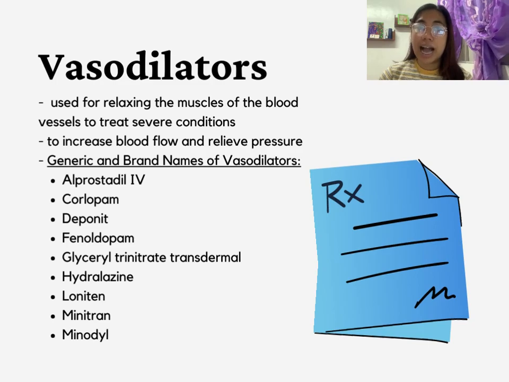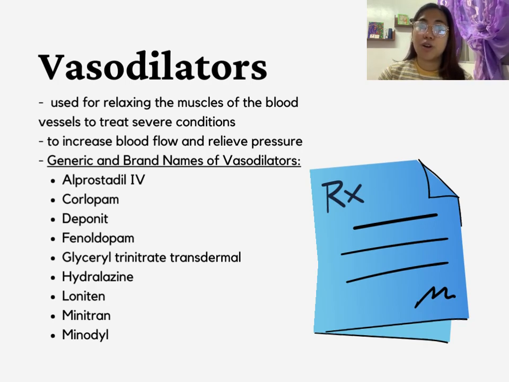They may either act directly on the arteries or veins to relax them or act via different mechanisms to produce dilation. Severe hypertension or angina is caused by increased resistance of blood flow in the blood vessels. Thus, vasodilators dilate the blood vessels to increase blood flow and relieve pressure.